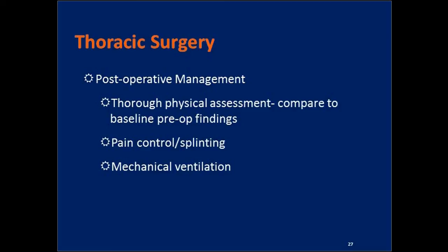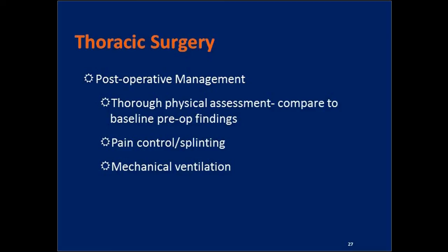Pain control measures, teaching the patient how to splint their incision, liberal use of pain meds. Nobody's going to get addicted to narcotics in the 3, 4, 5 days it takes to recover from a thoracotomy. But they will get atelectasis, which can lead to pneumonia if they don't breathe deep because they're hurting.